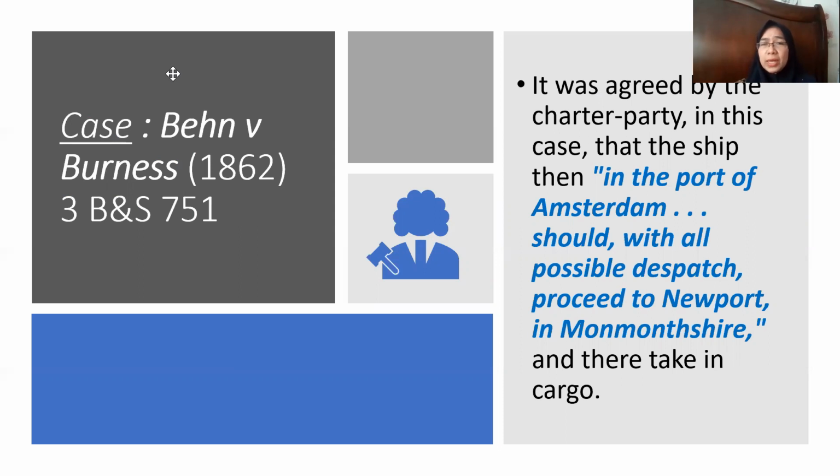And this is the actual wording in the charter party agreement: in the port of Amsterdam, with all possible dispatch, proceed to Newport in Monmouthshire, and there take cargo. So that's the term in the charter party.